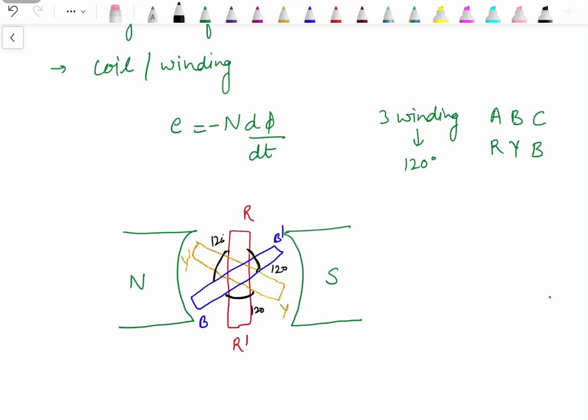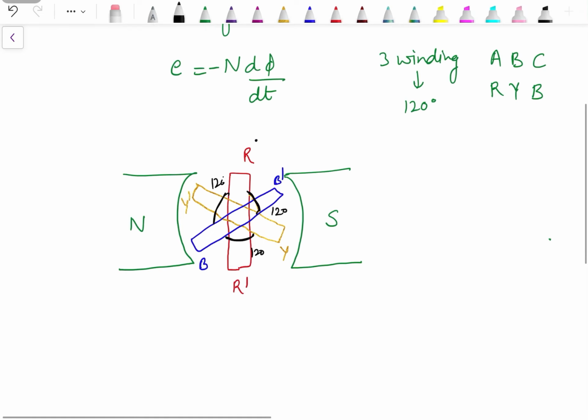The maximum value of induced EMF in these three will remain the same, but the instantaneous values are different. The instantaneous values are dependent upon their position. So if we say that phase R is our reference, then the induced EMF in phase R is given as Em sin omega t.